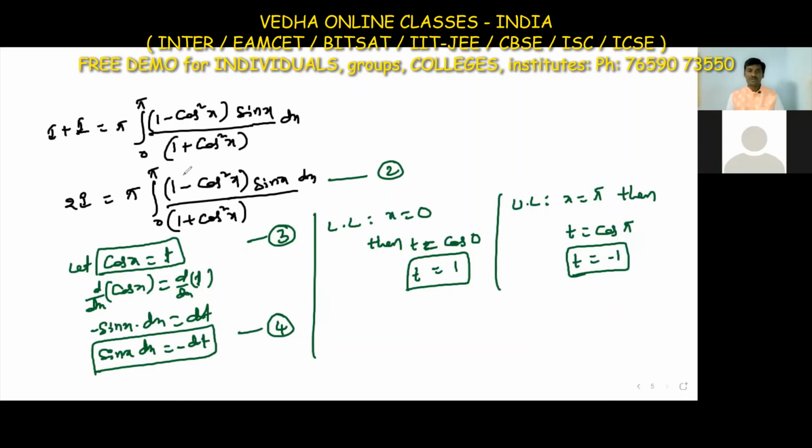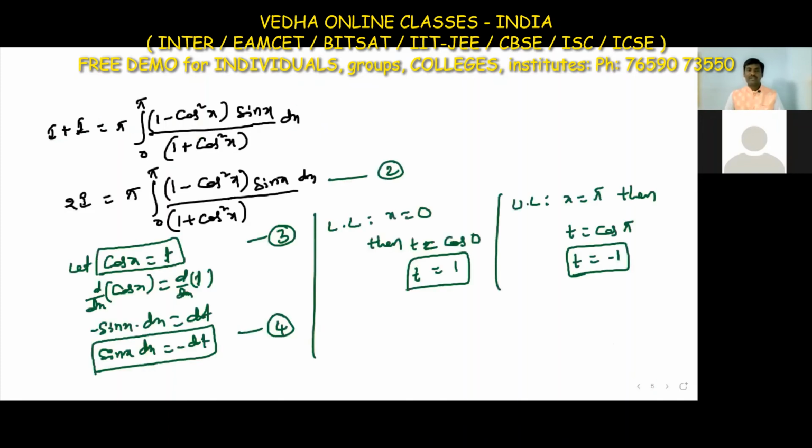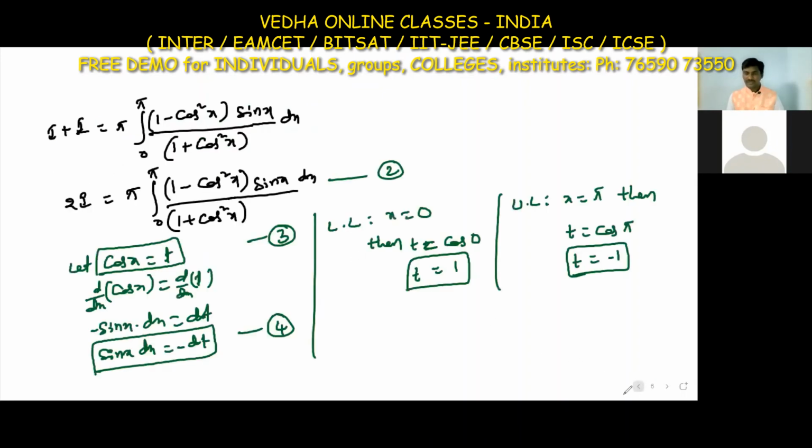Substituting all the above values in equation number 2, then 2I is equal to the integral, sorry, the limits 0 to pi become 1 to minus 1.